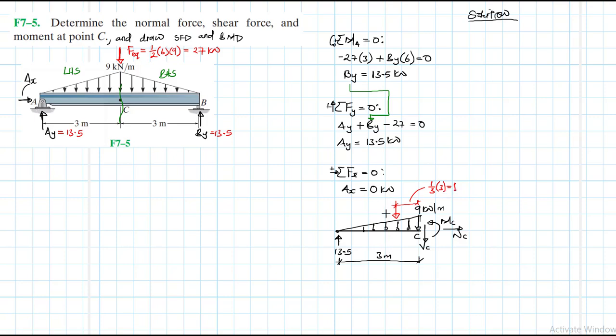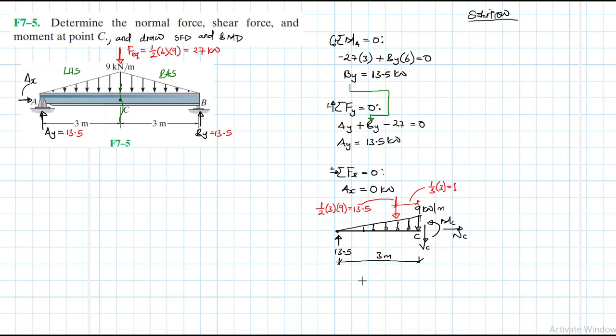Okay, remember centroids of triangular areas. This one there is equal to half times 3 times 9, and what do you have? You have 0.5 by 3 by 9, which is 13.5.